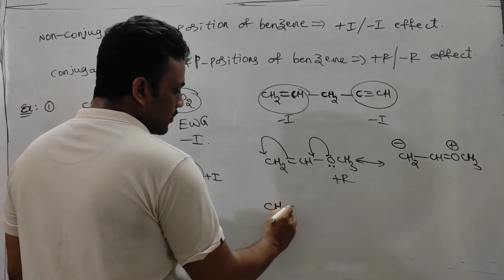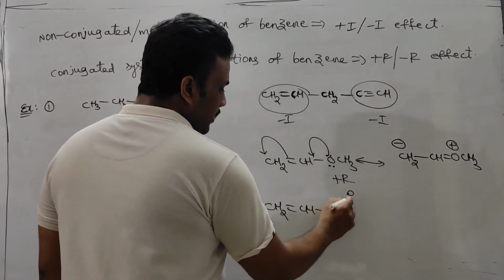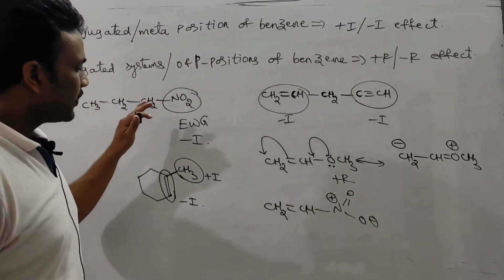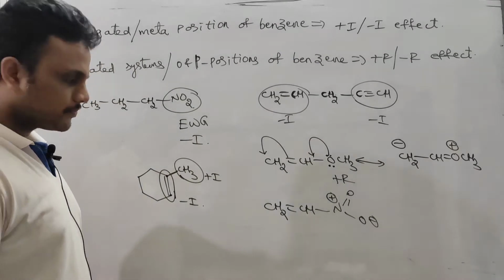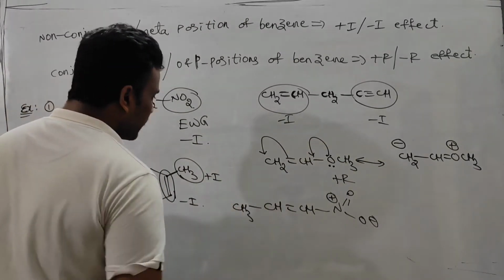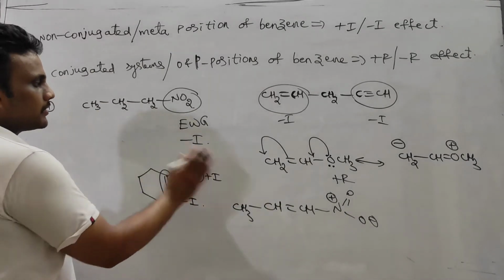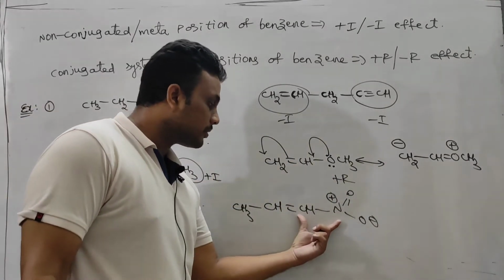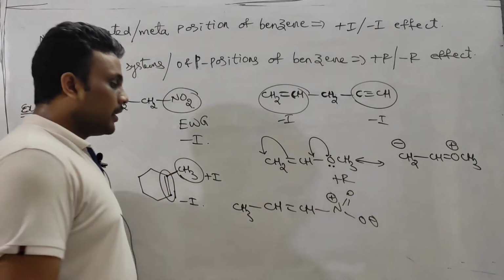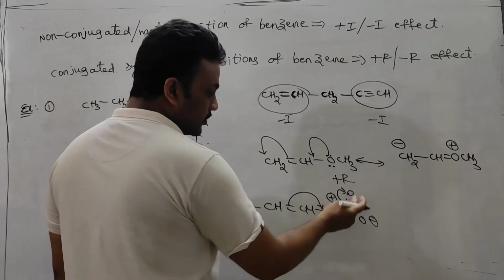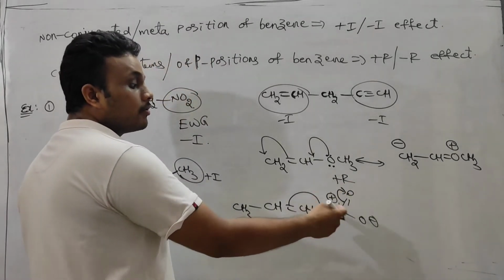If I take a similar example like this, now you see the difference between this one and this one. I am taking one more carbon. Same number of carbons, same terminal group, but what is the difference? This is a conjugated system, this is a non-conjugated system. In a conjugated system, we know resonance takes place, meaning it behaves like an electron withdrawing group.